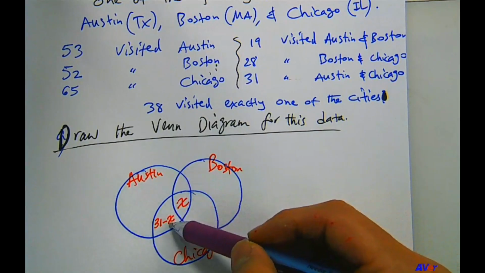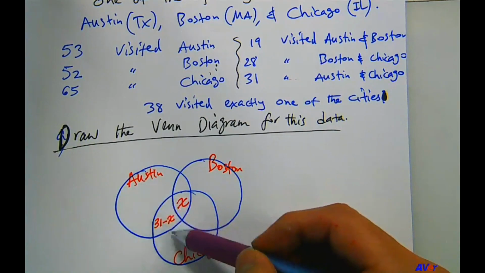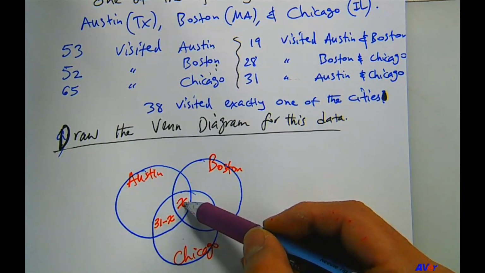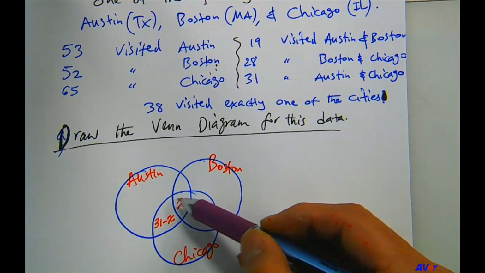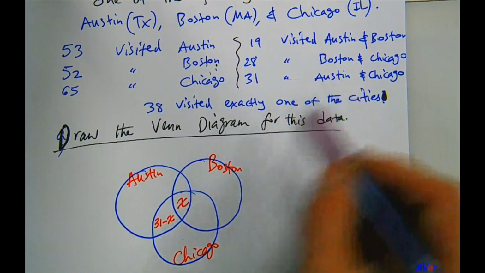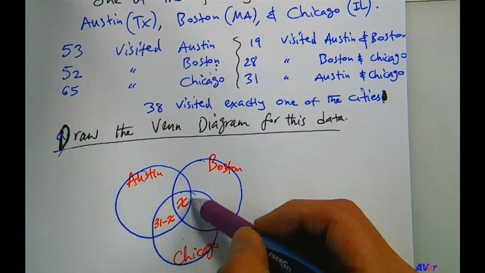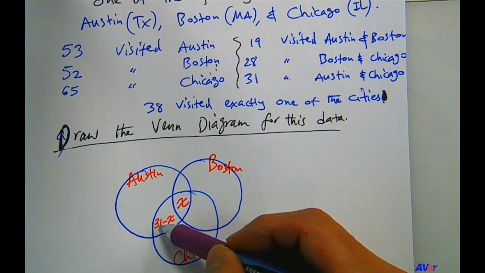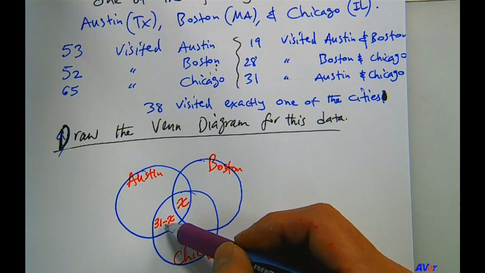So these would be Austin and Chicago, but not Boston, and these people would be Austin, Boston, and Chicago. So Austin and Chicago includes everybody here. So if you add X and 31 minus X, you end up with 31, which you should.